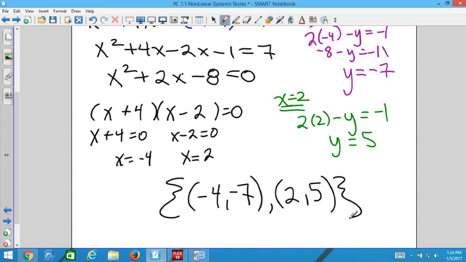Usually when we write it in set notation, it is in order, but what order do you follow in an ordered pair? Actually follow the order of the x's. So it goes left to right.